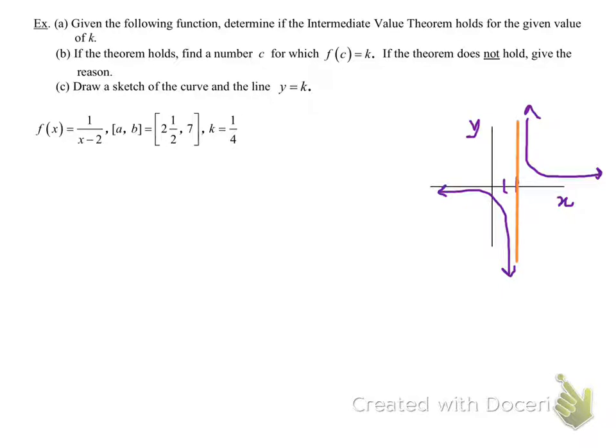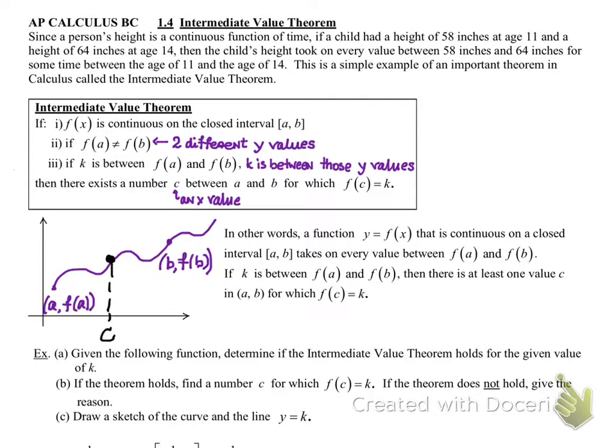In order to do that, you need to determine whether or not the function is continuous on that interval, and it is. We also need to determine that f of a and f of b are different values. And lastly, we need to solve for c.